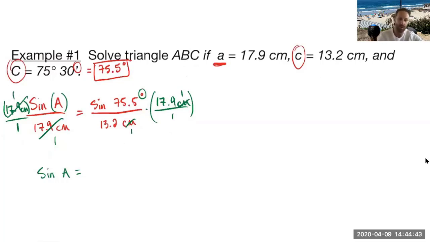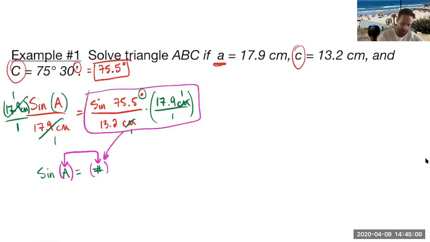And we're going to get some number, and remember what we're actually trying to find is angle A. So in order to reverse that, we're going to have to do the inverse, either arc sine or inverse sine, however you want to write it, of that big nasty number that we got. And now we have our angle A.